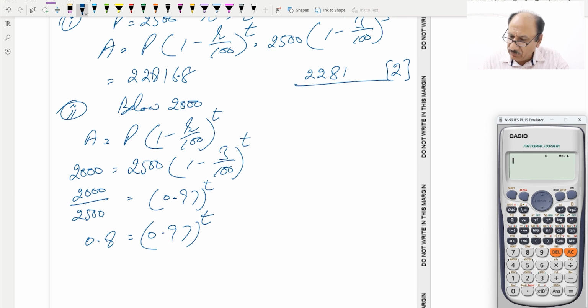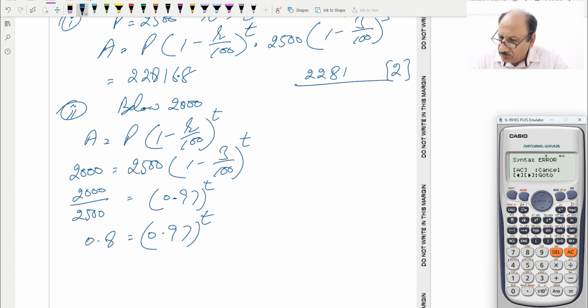For example, you just type 0.8, and with the alpha sign, the equal to symbol, and then we will be writing 0.97, and raised to the power we can take with alpha sign this one x. Now we have to solve for x. So shift and calculate button, and x is equal to 1, and press equal.